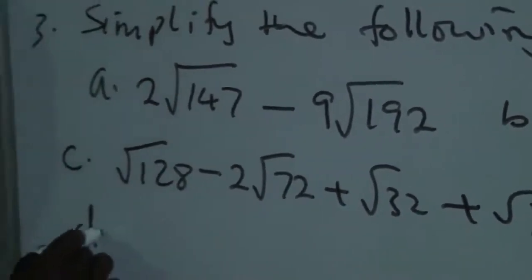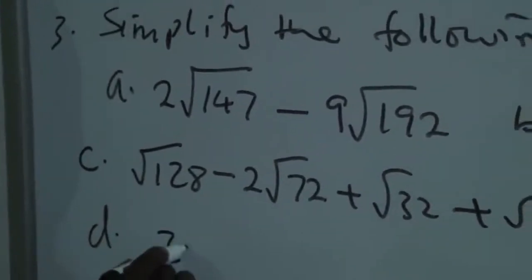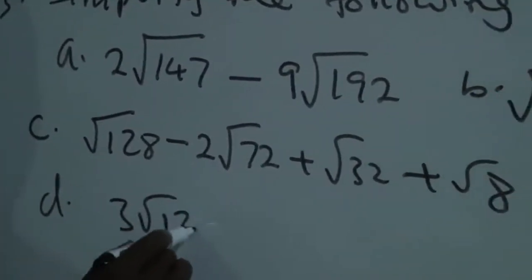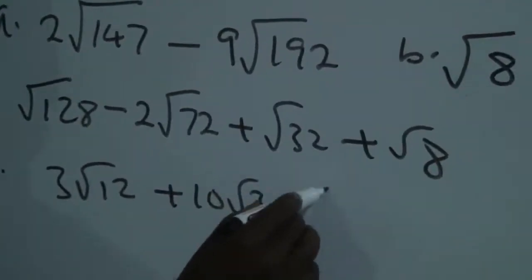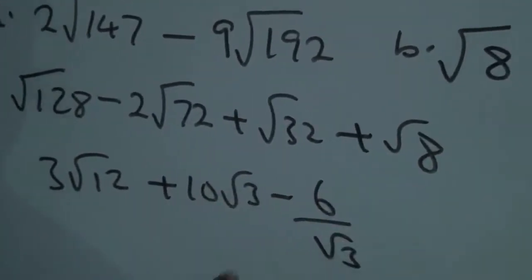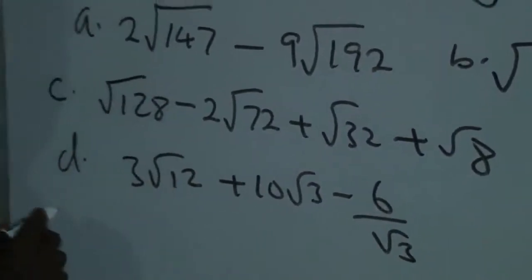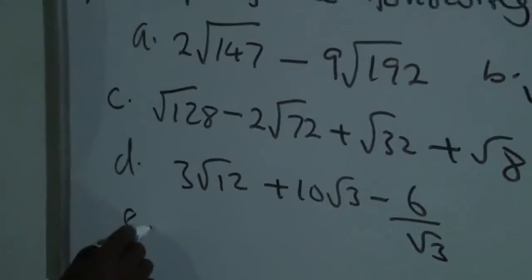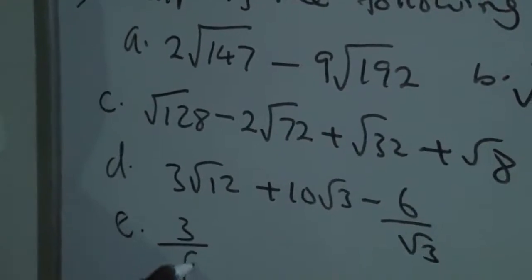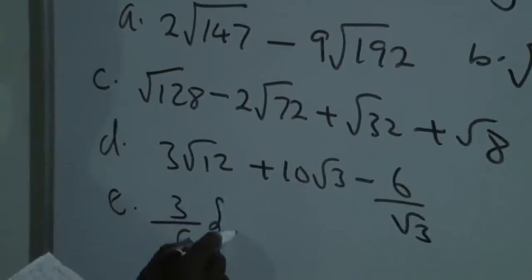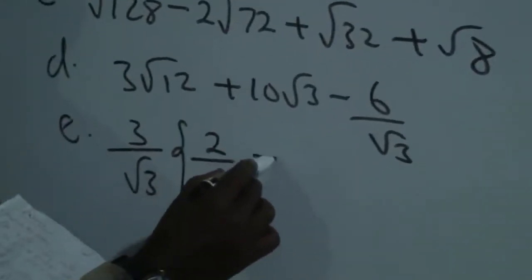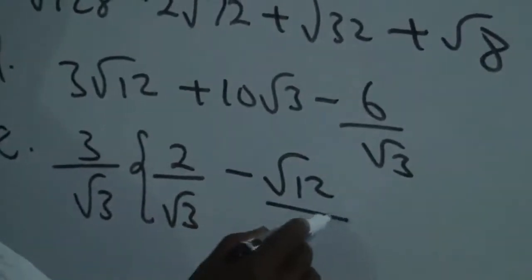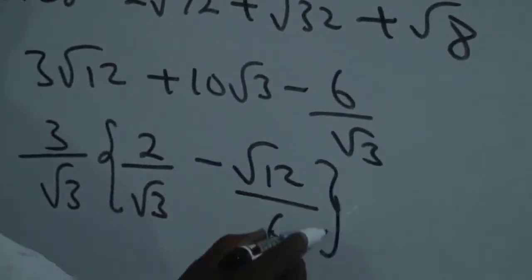And then D, 3√12 + 10√3 − 6/√3. Then the last one is going to be 3/√3 times (2/√3 − √12/6).